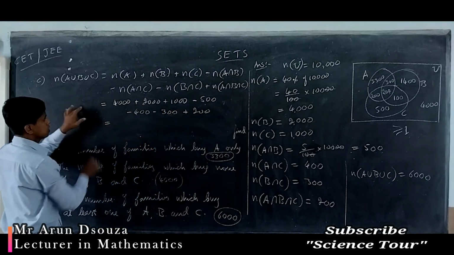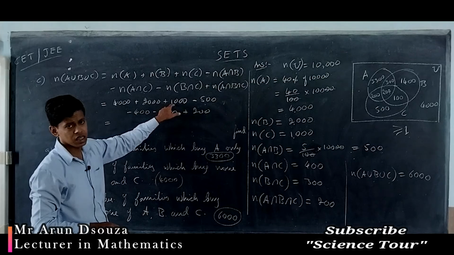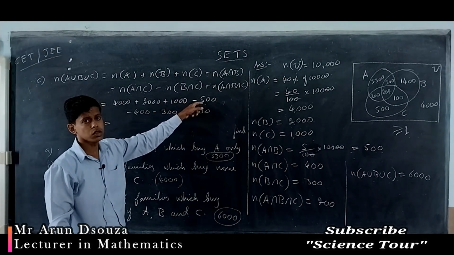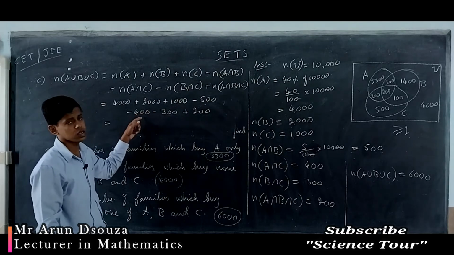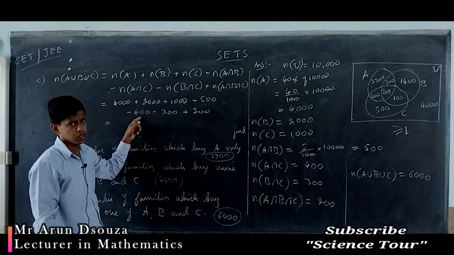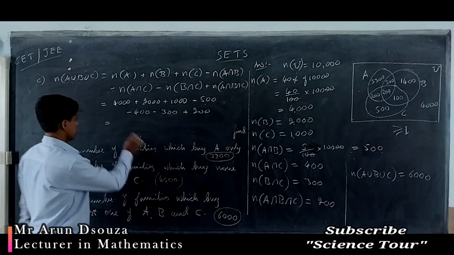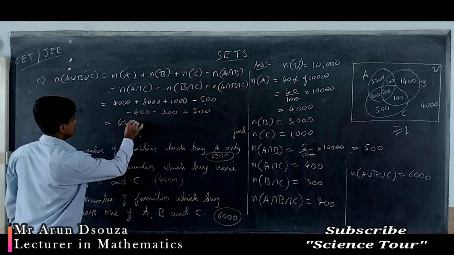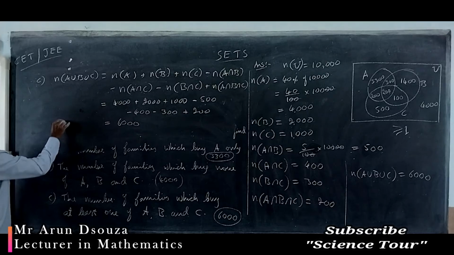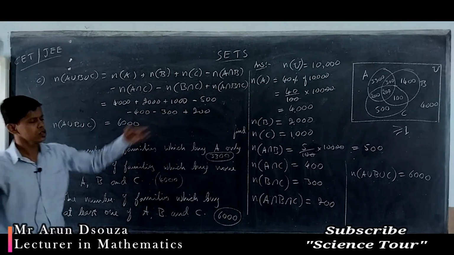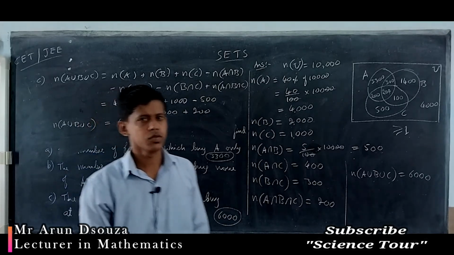So this is 4000, 6000, 7000, 7000, 6500, 6100, correct? So 5800, so 6000. So what is n of A union B union C? 6000. Just add and subtract, that's so easy for you, okay?